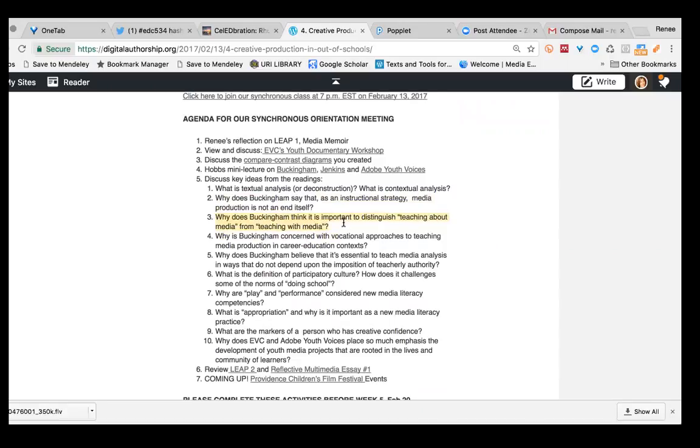And why does Buckingham think it's important to distinguish between teaching about media and teaching with media? Why is that an important distinction in his mind? And why is Buckingham concerned with vocational approaches to teaching media production in career-oriented contexts? He's a Debbie Downer on that in a big way in this reading, isn't he?